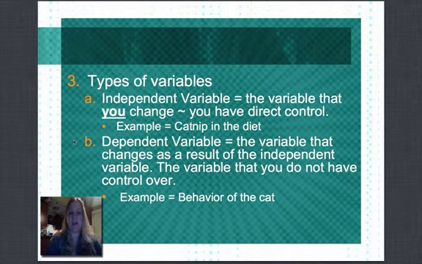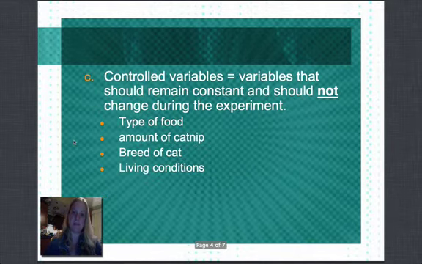So there are two types of variables, and it's easy to get them confused. If you can remember that the dependent variable is always going to depend on the independent variable, and the independent variable is always the thing that you are manipulating, that you have control over, then I think you'll do a pretty good job of remembering when you're doing your experiments.